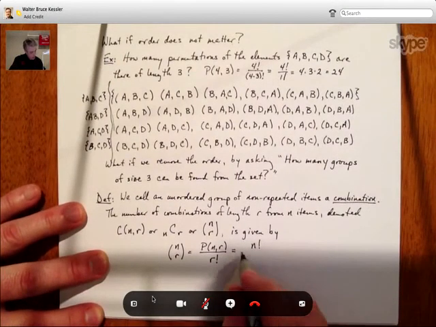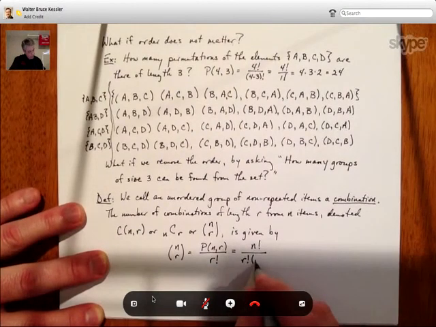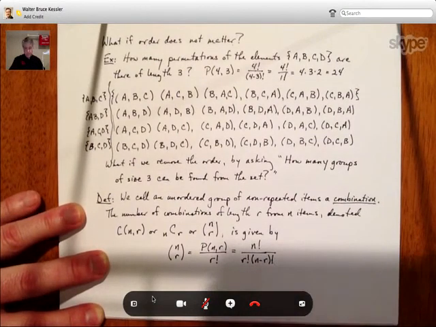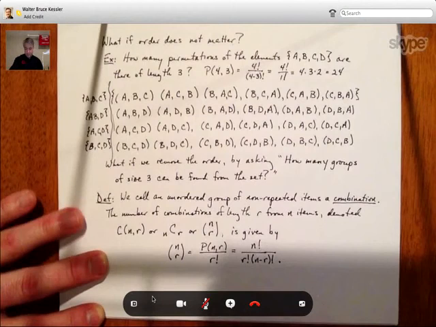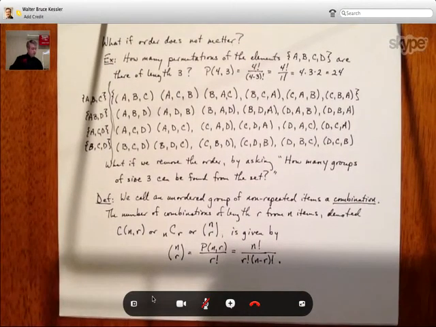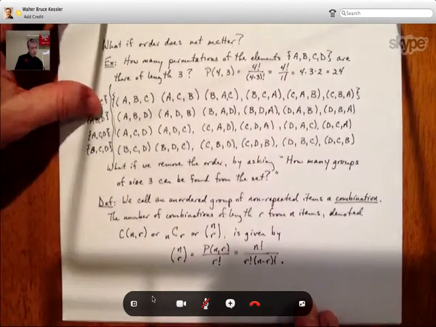And so it's the same formula we had before with the n in there. Now in the denominator we've got r factorial, and then from the permutation side we've got n minus r quantity factorial. Okay. All right.